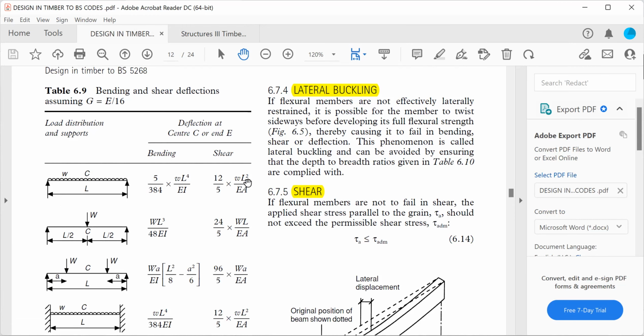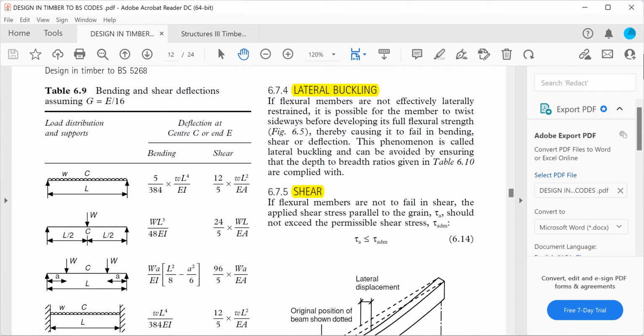Even here you see it's WL squared because W is kilonewton per meter. But now if W is just kilonewton, now we use WL power 3. Now if it's a point load at the center, then we use also now WL. We reduce it from L squared to L because W is just kilonewtons.